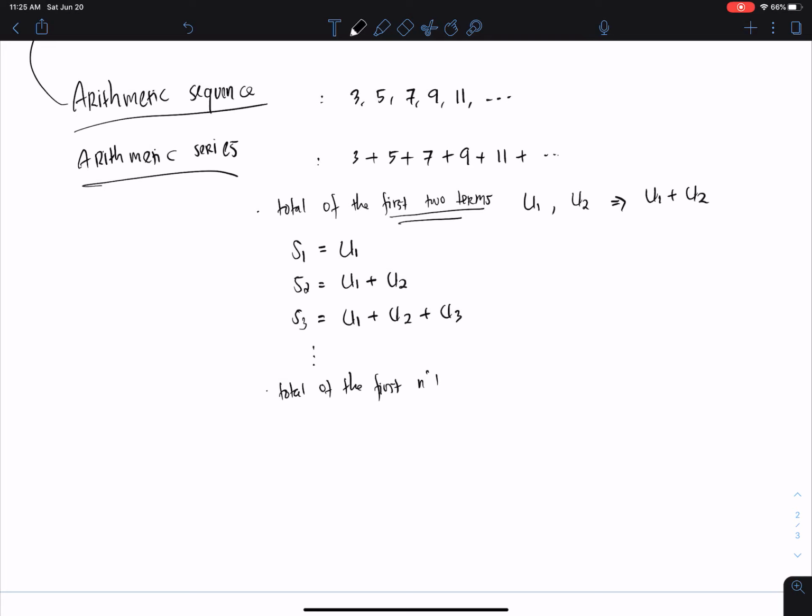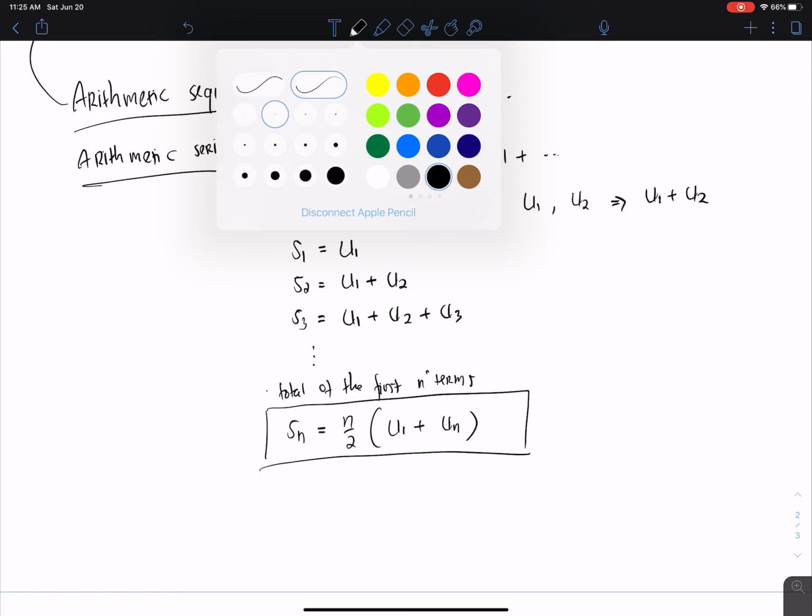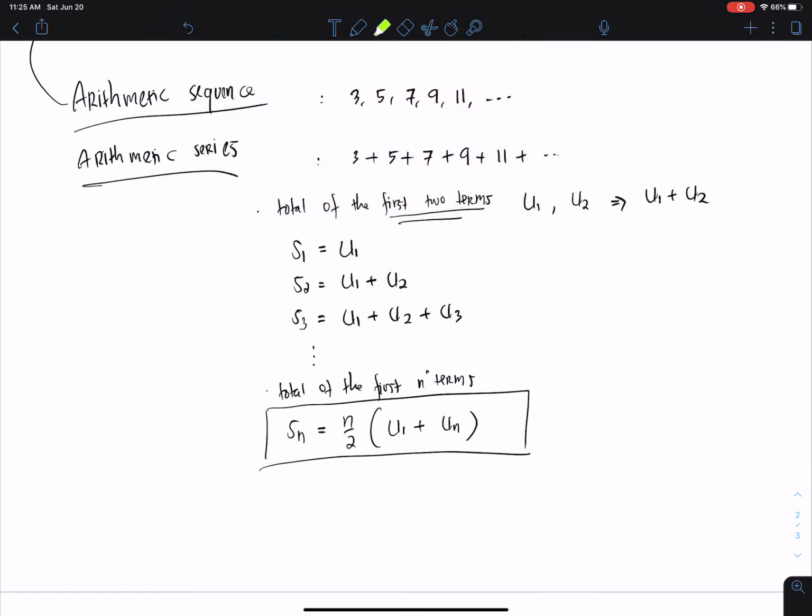When we would like to know the total of the first n terms, the formula will be Sn equal to n over 2 times u1 plus un, just like this. However, we know the formula for un, which is u1 plus n minus 1 times b.